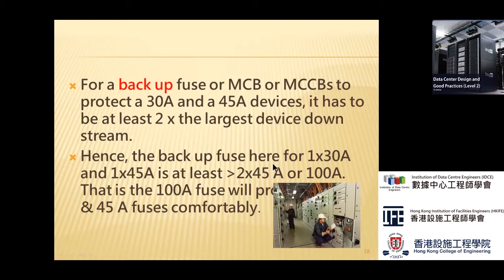Because the largest of the downstream multiplied by 2 is 90, in this case you choose 100 amps as a protection device to the 45 amp MCB and a 30 amp MCB.